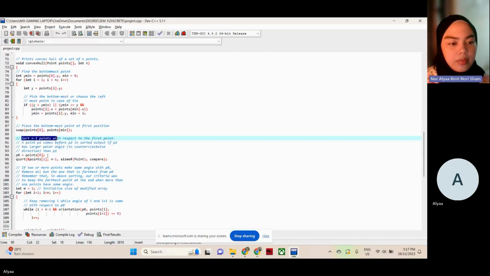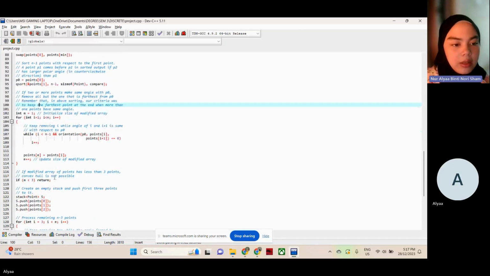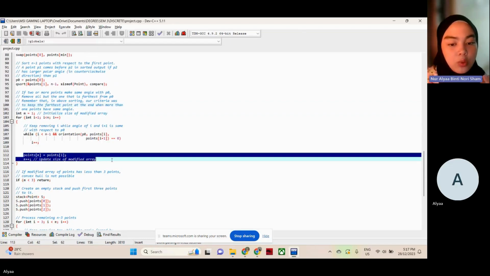After sorting, it will check if two or more points have the same angle. If more than two points have the same angle, it will remove all the same-angle points except for the one furthest from P0. And then it will put M as the new array.